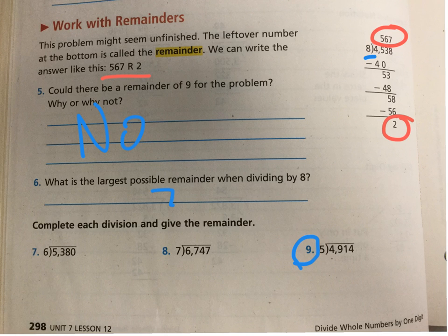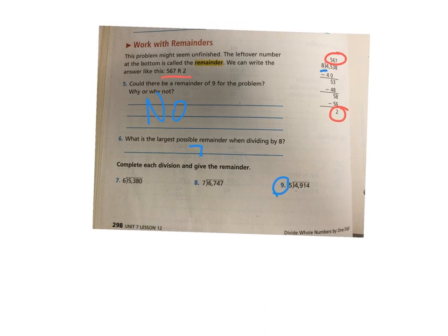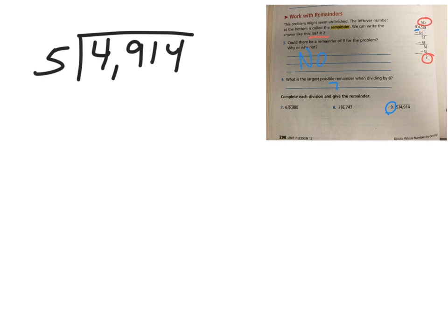All right. Let me shrink this up here. Put her up in the corner again. All right, we've got the problem: 4,914 divided by 5. 5 does not fit into 4, but 5 fits into 49. 10 times would be 50, so 9 times 5 is 45.